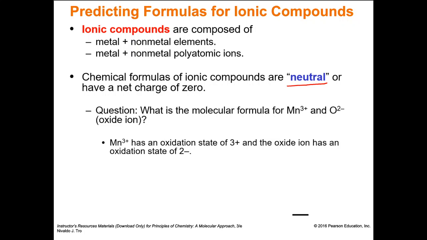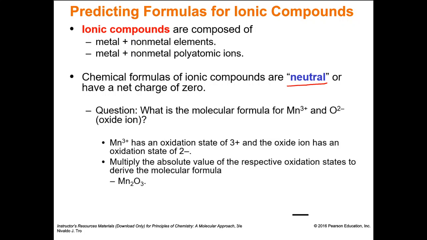We're not quite to oxidation state yet. So what we need to do is multiply the absolute value of the representative oxidation states to derive their molecular formula. In other words, you're going to take this charge and give me that many oxides, and take this charge and give me that many manganese.